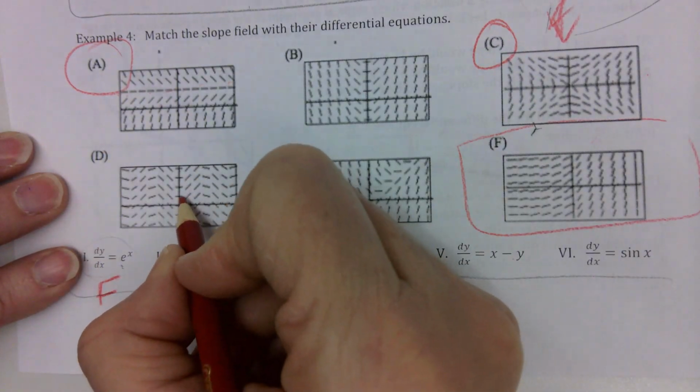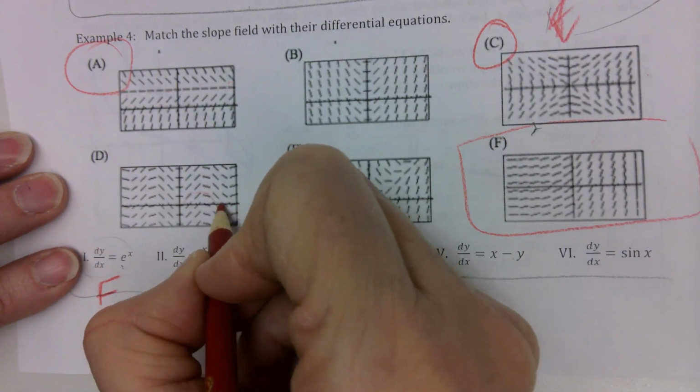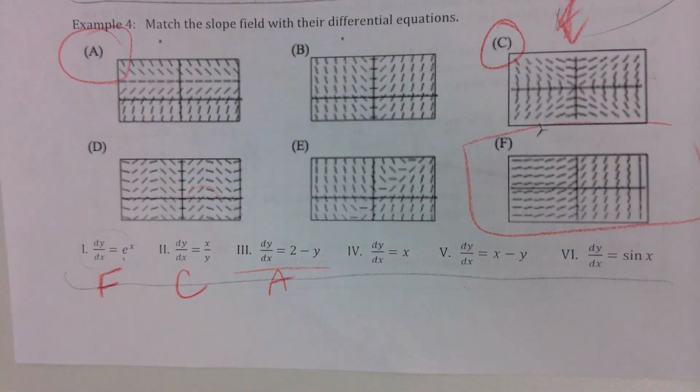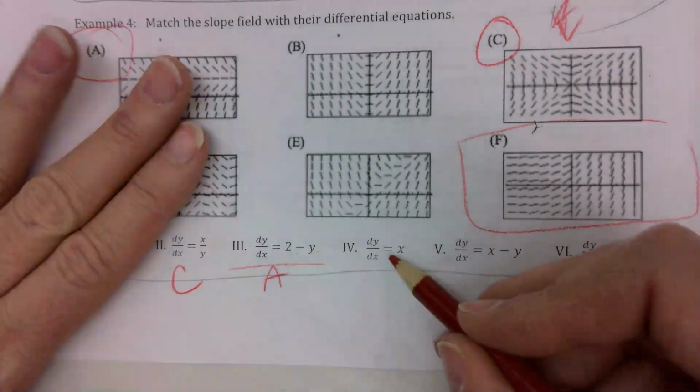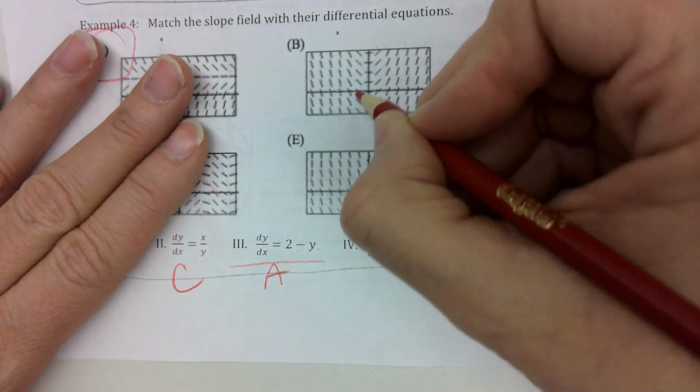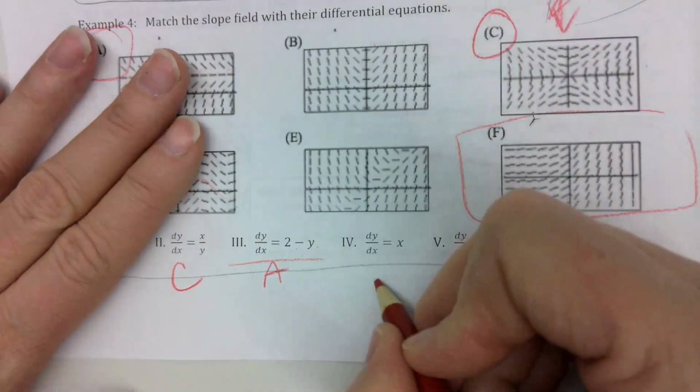Isn't it either B or D? I put B. If x is 1, all these are 1s, x is 2, all these are 2, x is negative 1, that's got to be B, doesn't it?